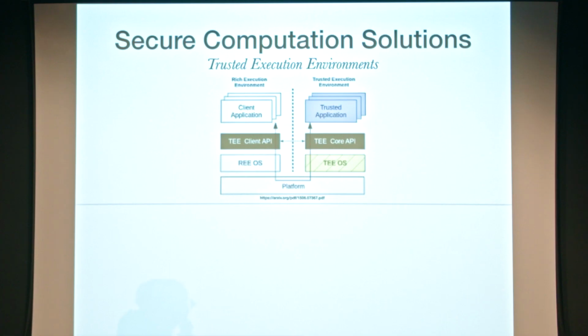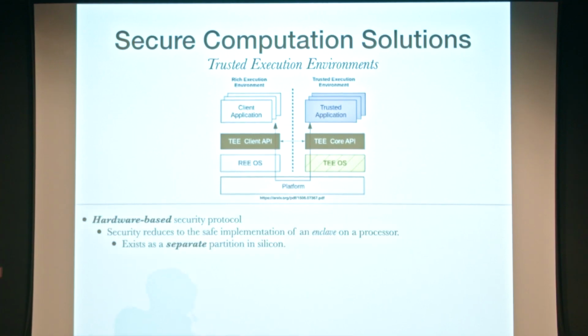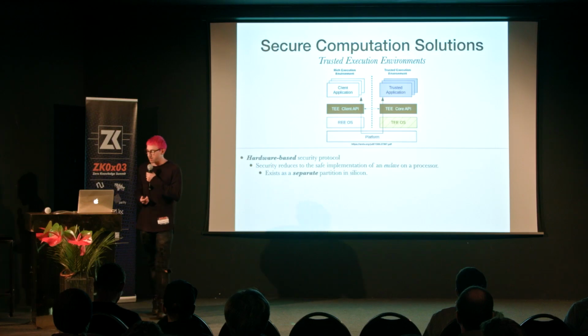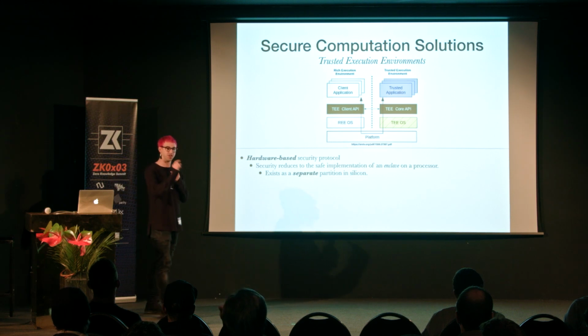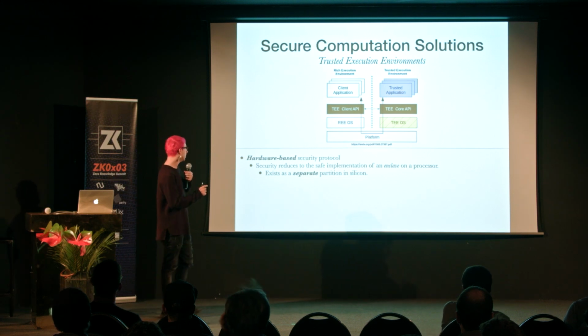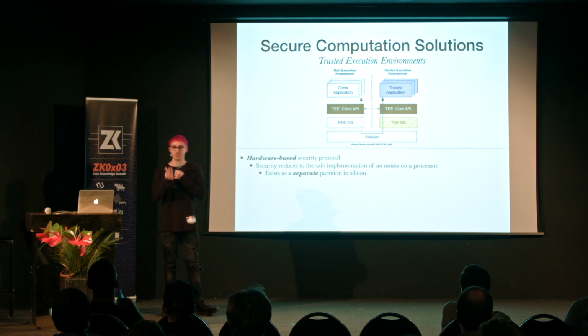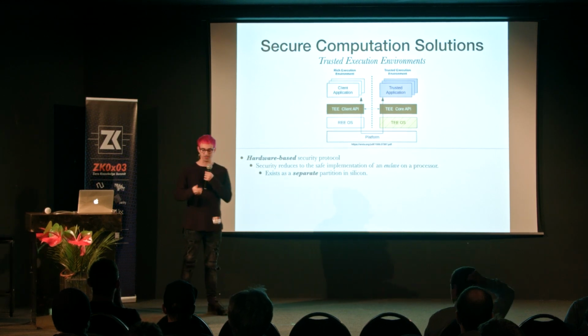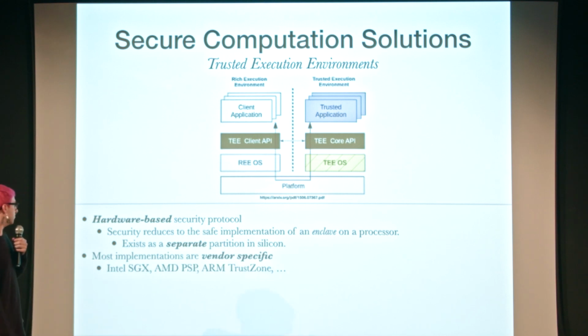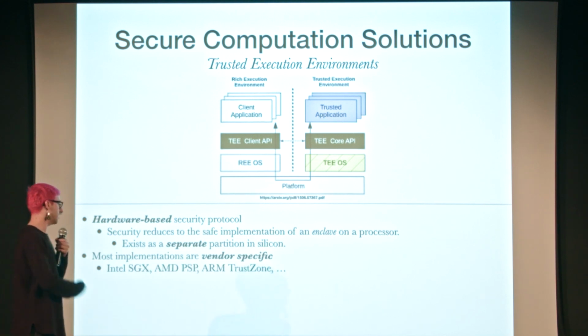In a trusted execution environment situation, there exists hardware. It's a hardware-based security protocol, which essentially means that the security reduces to the safe implementation of an enclave, a specific dedicated part of a processor. It literally exists as just a separate, in quotes, secure partition in silicon. Most implementations of TEEs are vendor-specific.